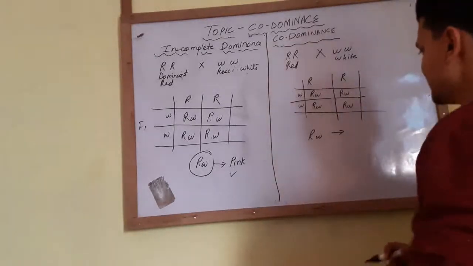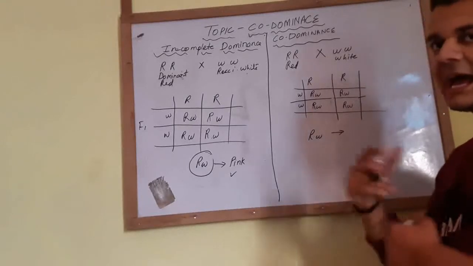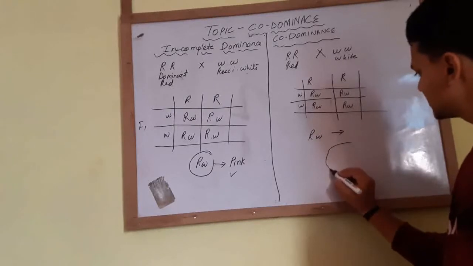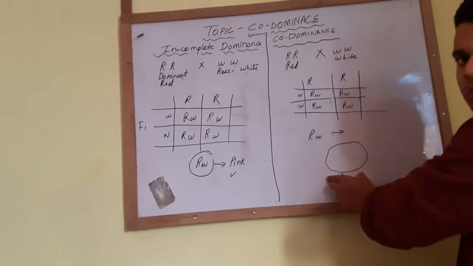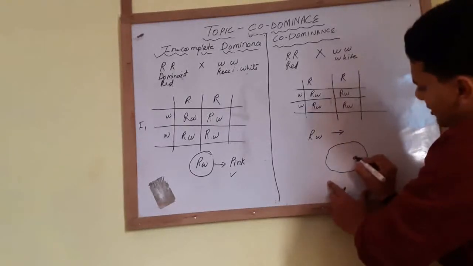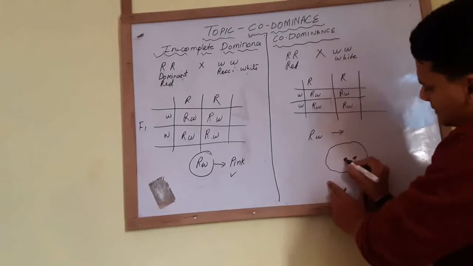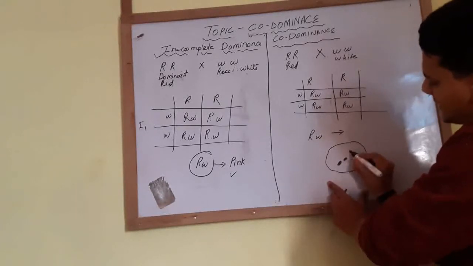How it is changed is, this type of organism will have a color like, say, a white colored coat upon which red color dots or marks are being seen, right? Correct.